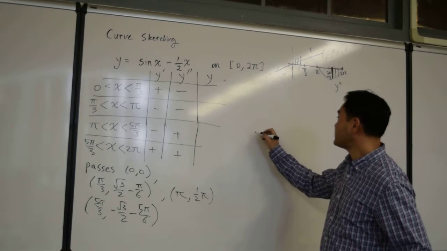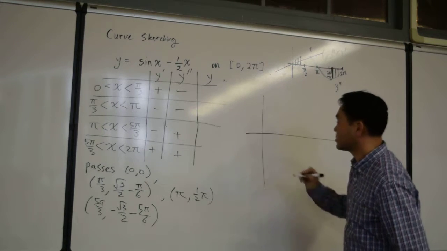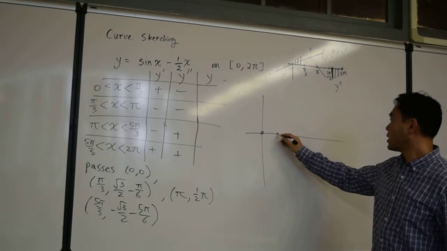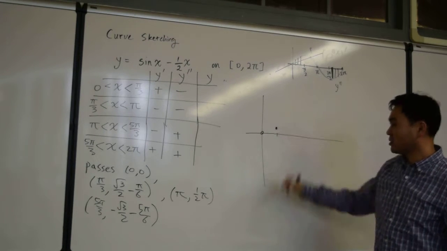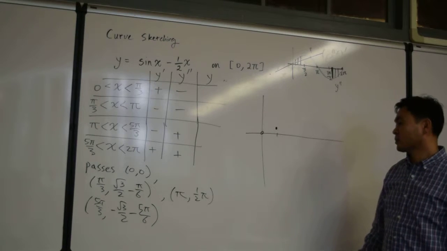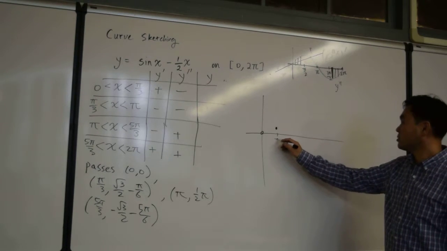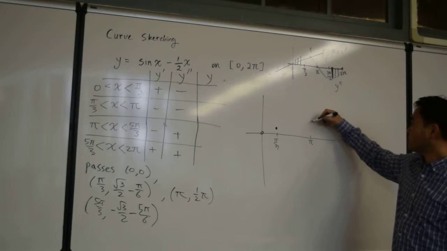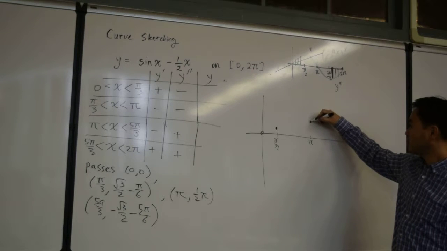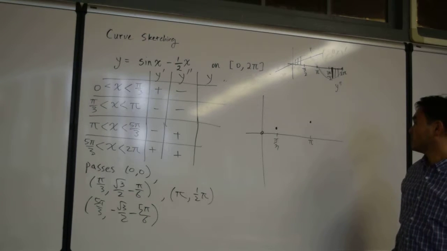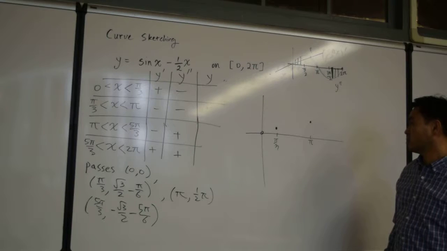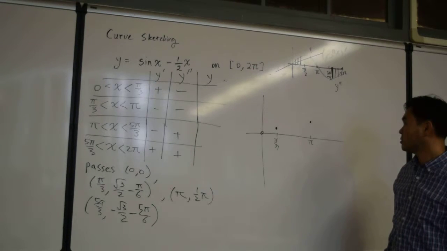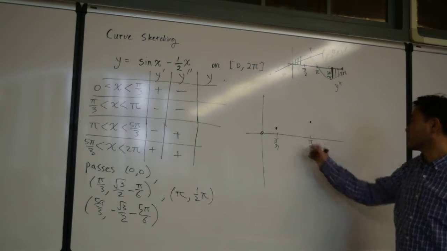Let's draw the graph now. So it passes 0, 0. At pi over 3, it's some small positive value. At pi, it's 1/2 pi. Right.